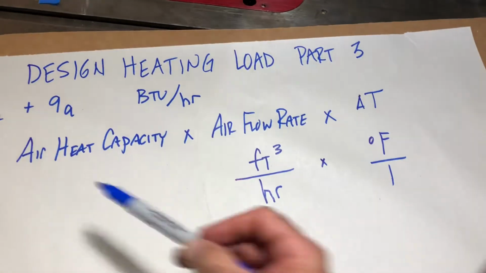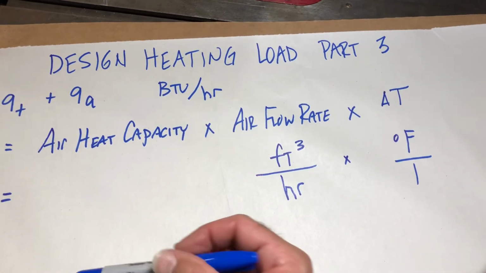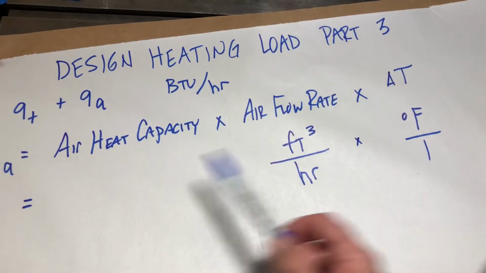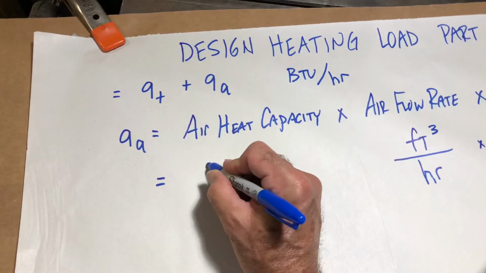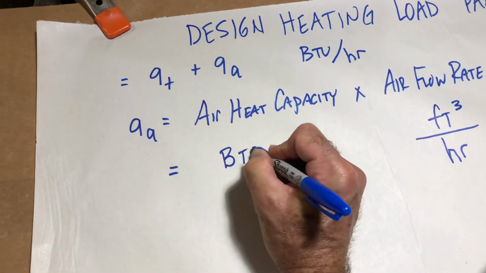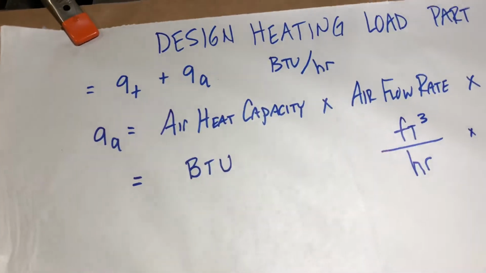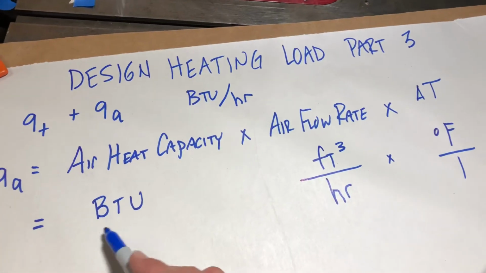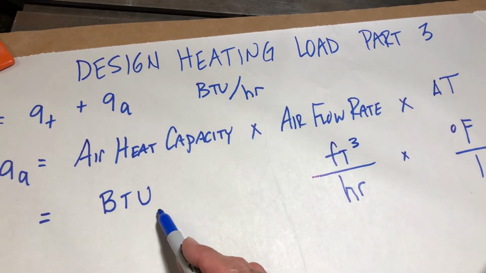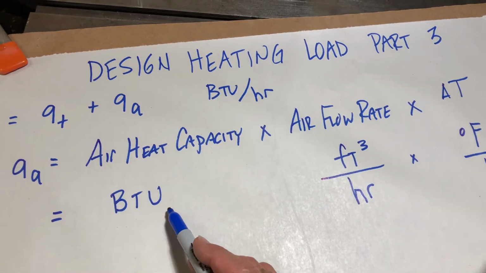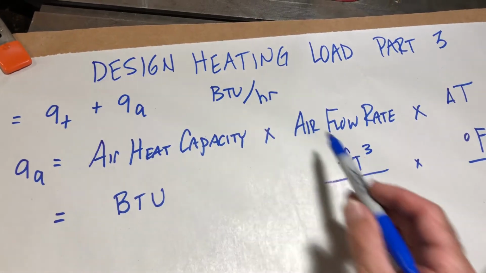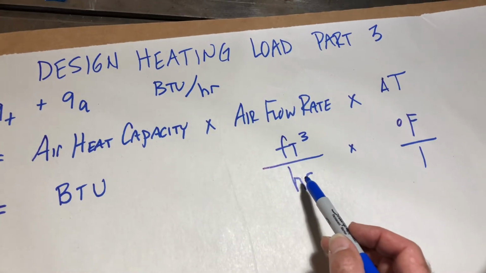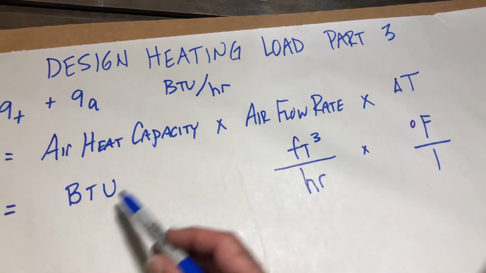All right, so from there, you can figure out what air heat capacity is. If we've got BTUs per hour, well, there's no BTUs here, so air heat capacity must have BTUs, since I told you it's talking about how much heat air can hold. Will there be an hour over here? No, because we need an hour, and we've already got an hour. Will there be a cubic foot over here somewhere?